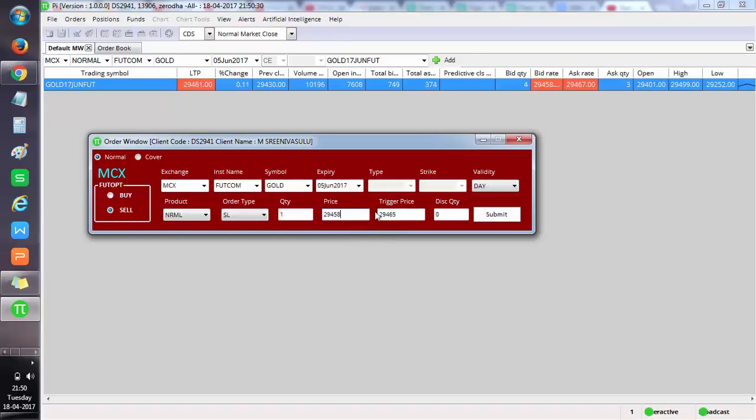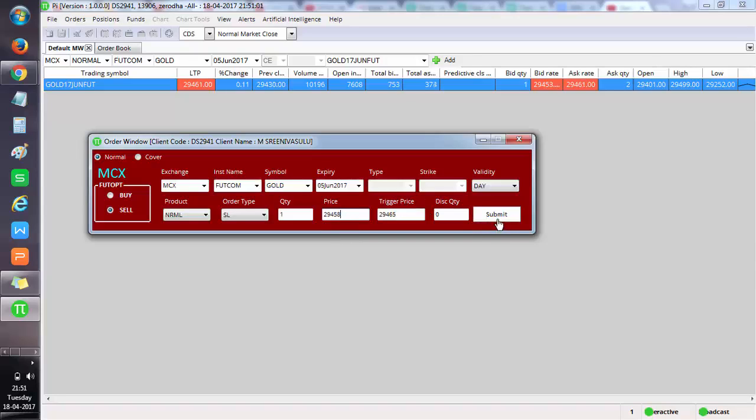Please be wise enough in selecting the trigger price and price. So this is a trade wherein the LTP was 29,468. Right now it has changed. When we started this order form, the price was 29,468 and I wanted to short sell when the price reached 29,465 with a price of 29,458. Okay, I can submit this.